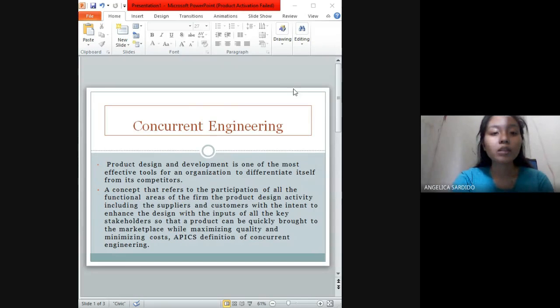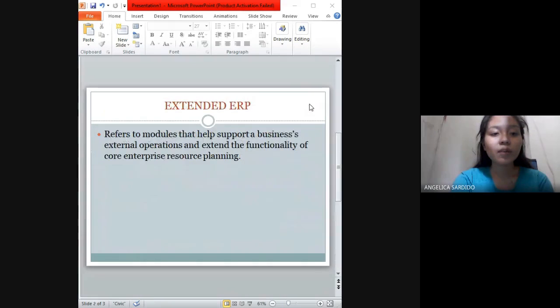Next is extended ERP. It refers to the modules that help support a business's external operation and extend the functionality of core enterprise resource planning. Companies use enterprise resource planning systems to assist management with decision making as well as to automate common business processes to save the company's time and money.